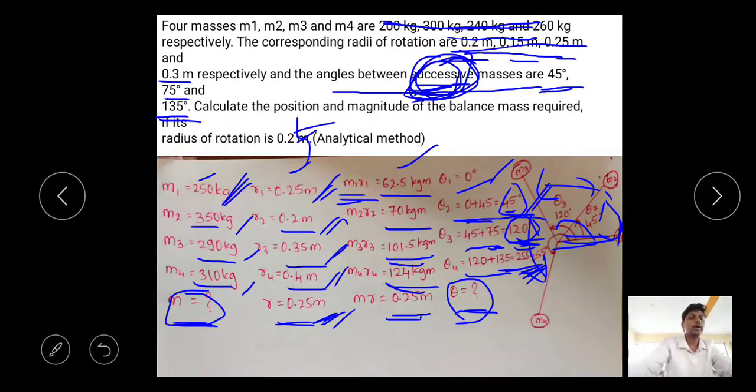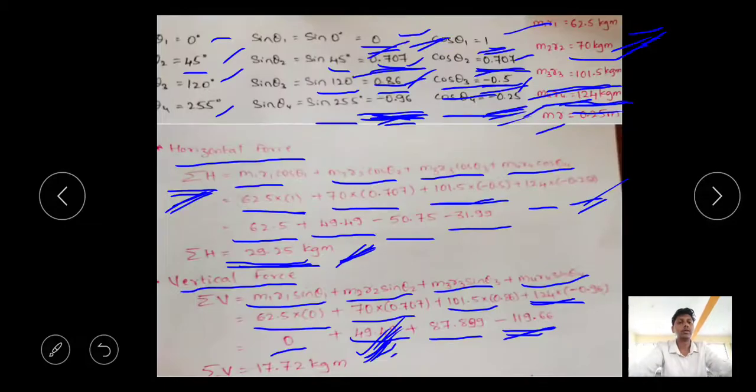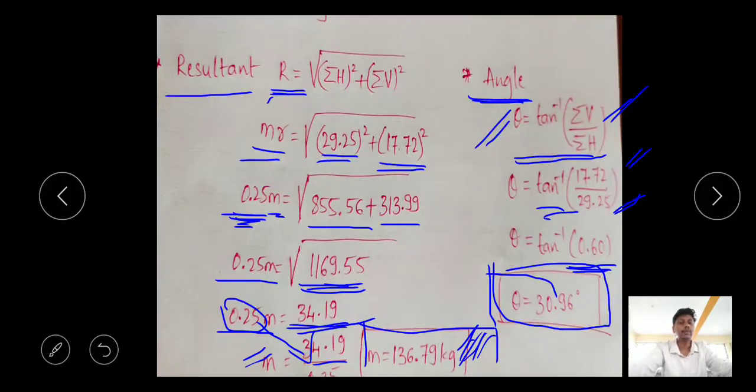So like this we have taken these angles when successive masses are given, and we have gone through all these steps: finding out horizontal force, vertical force, and then finding out the resultant using square root of horizontal force square plus vertical force square, then finding out the angle using tan inverse of vertical force divided by horizontal force.